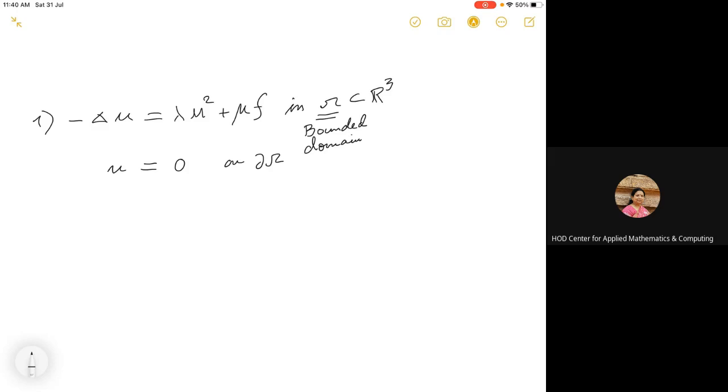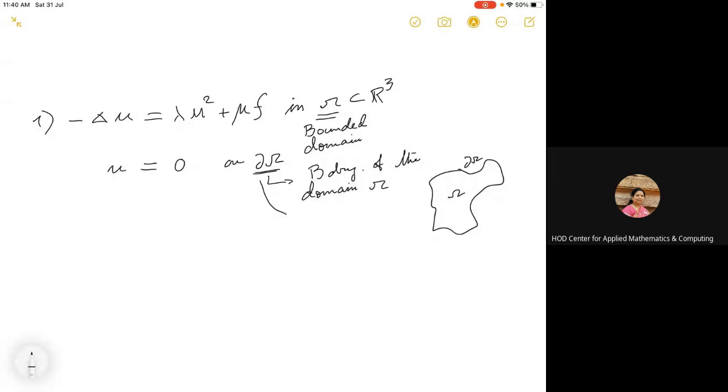So this is the boundary of the domain. That's my notation for the boundary of the domain omega. So you have something like this, some domain omega, and whose boundary is denoted by this.